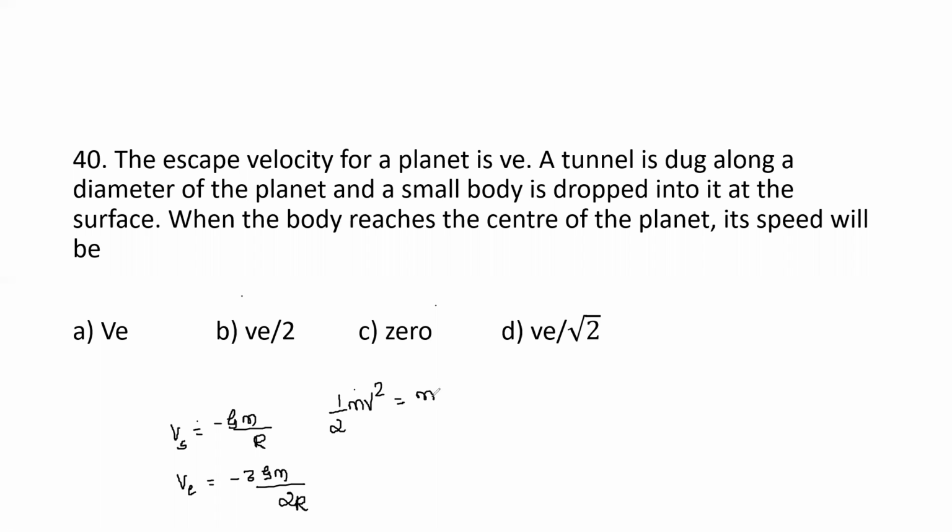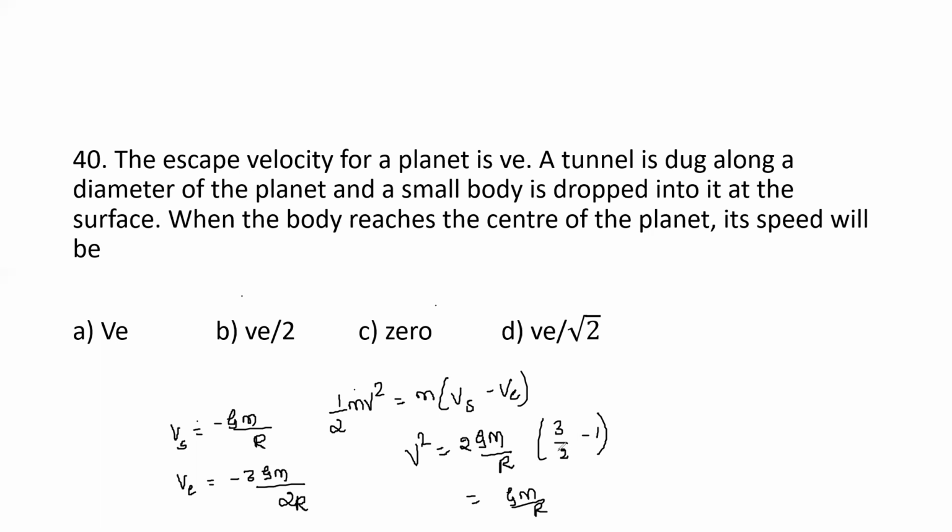So this equation becomes half m v square equal to m into bracket Vs minus Ve, that is the difference in the potential. Therefore, simplifying, v square is equal to 2 G M by R into bracket 3 divided by 2 minus 1. Further simplifying, we get G M divided by R, because 3 by 2 minus 1 is 1 by 2.